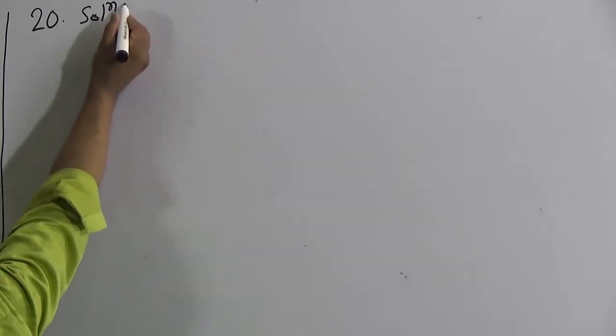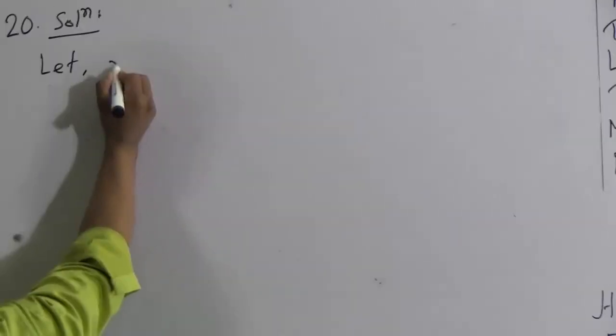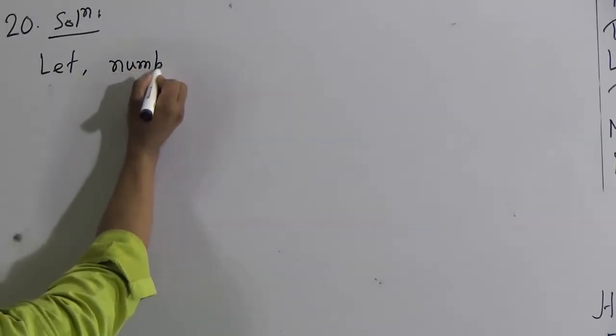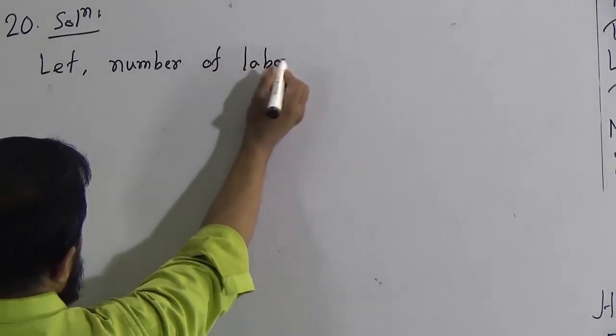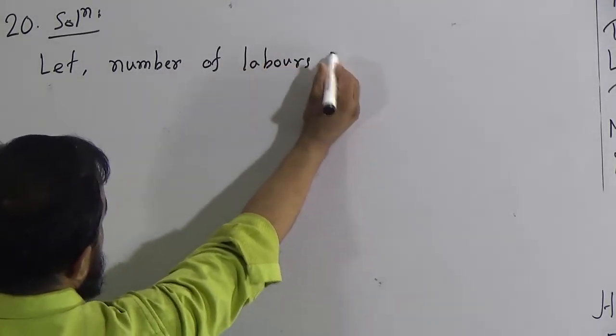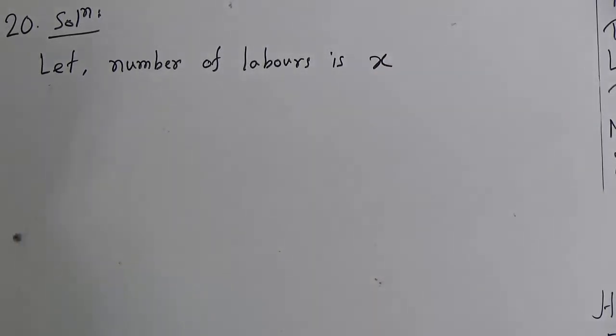Solution. First of all, we need to assume that let the number of labors be x. Number of labors is x. If the number of labor is x, then what is the income of each and every labor in one day?